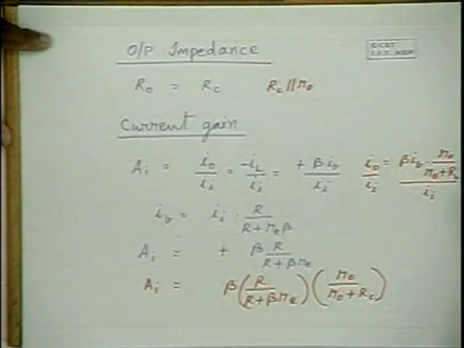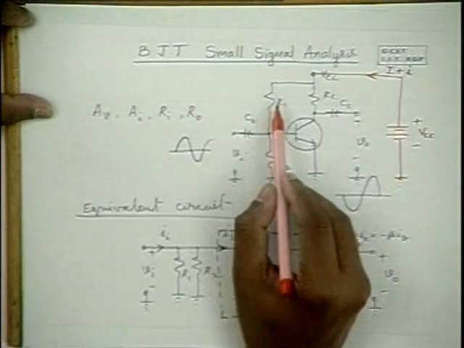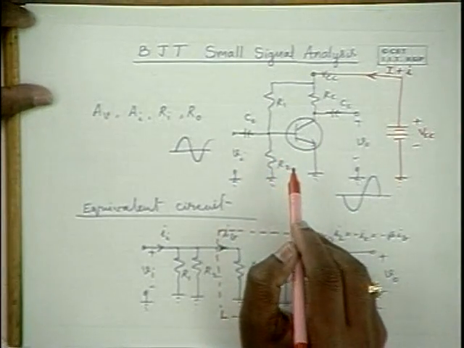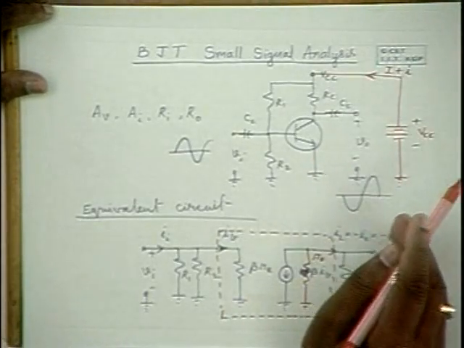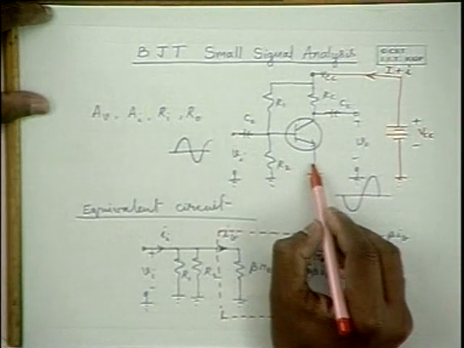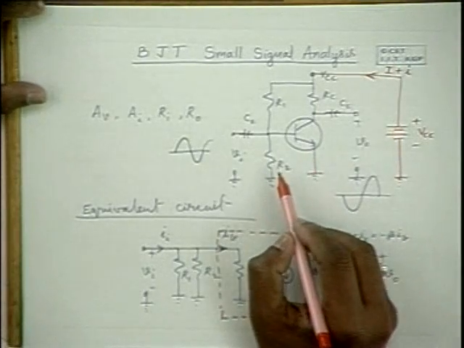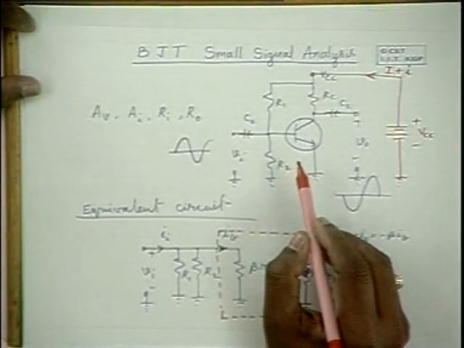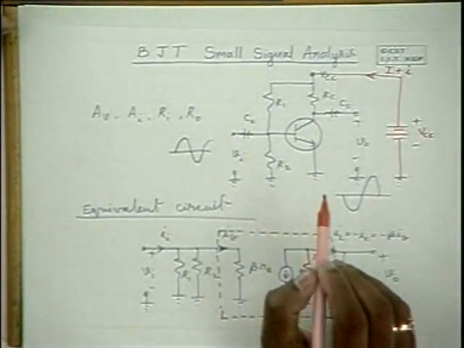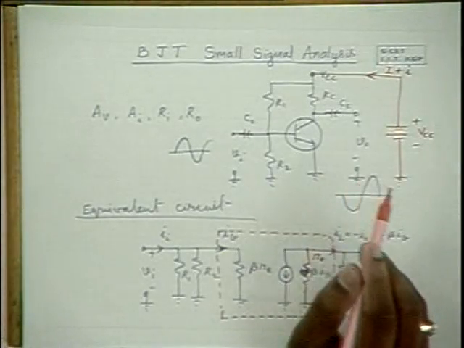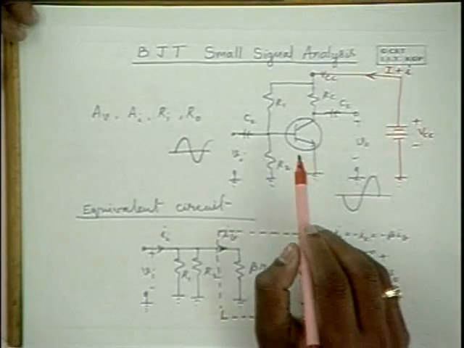This analysis is for this kind of circuit, which is a fixed bias circuit with voltage divider bias on the input side. We have another important circuit, that is the self bias circuit, where we have an emitter resistance over here, and the emitter resistance that is incorporated provides a very good advantage as far as stability of the biasing is concerned. Now, when you use a self bias circuit, what are the voltage gain, the current gain, and the input and output impedances you get?